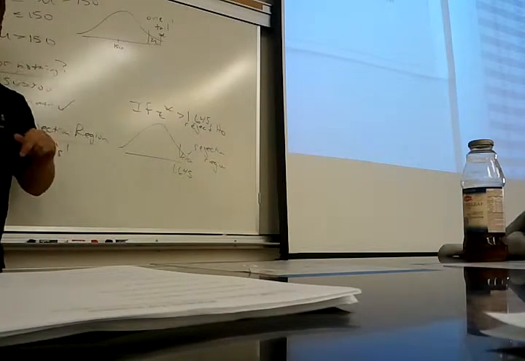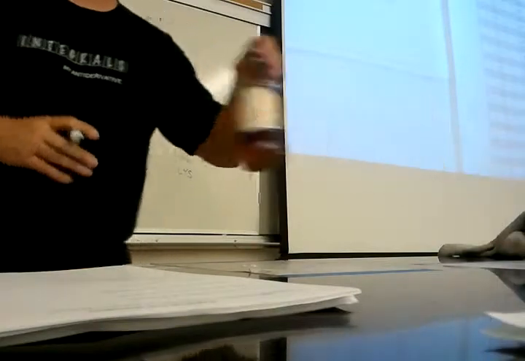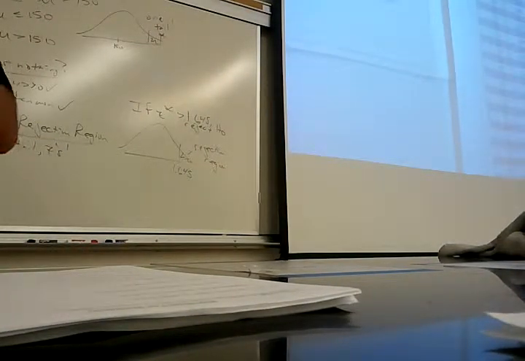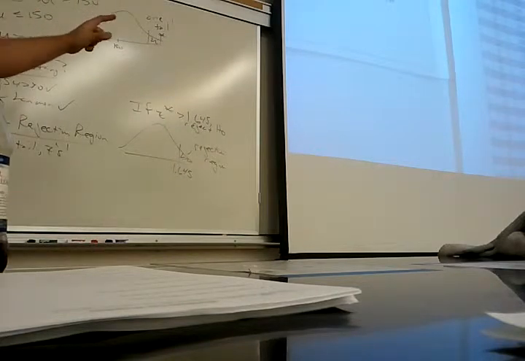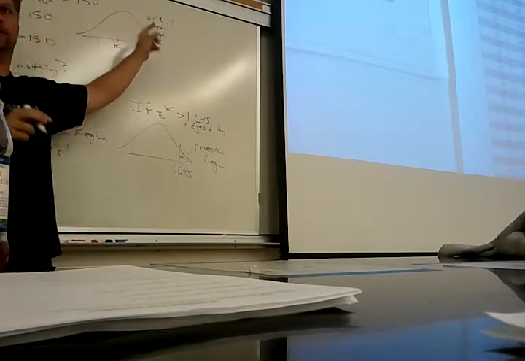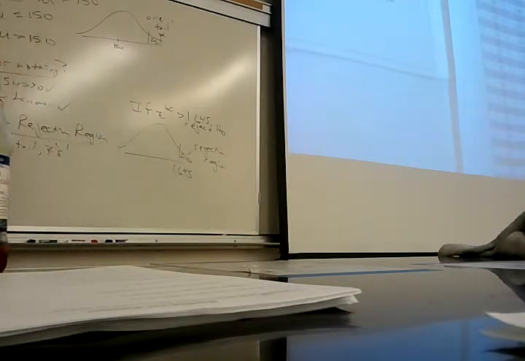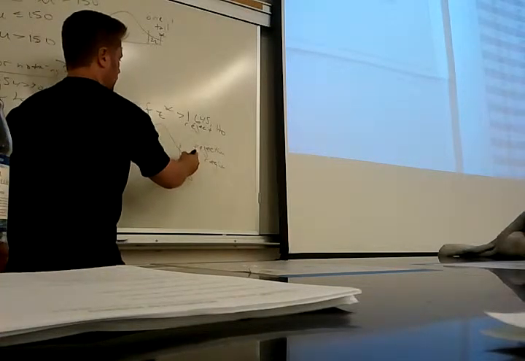Okay. Yes, ma'am. How do you know that the z-score is 1.645? So alpha is the amount of area in the tail or tails, in this case one tail. Alpha was 0.05; they told me in the problem. So the area in this one tail is 0.05.